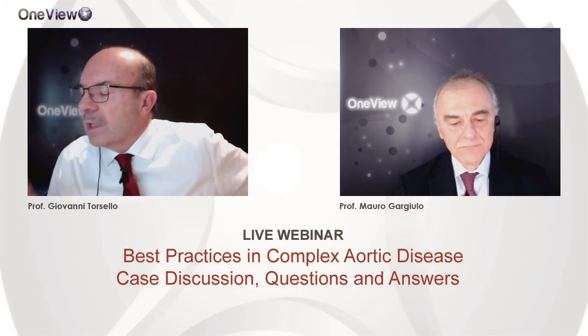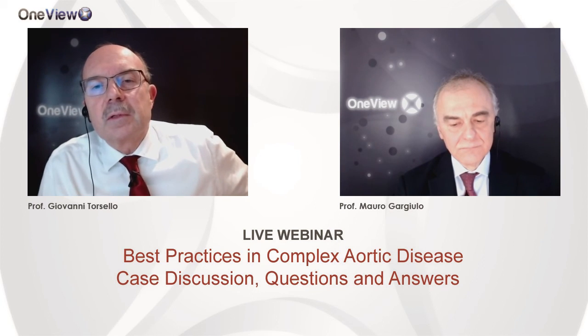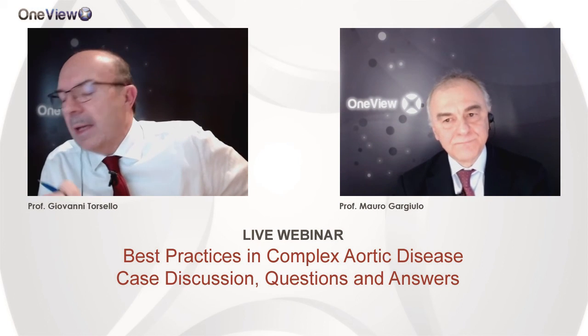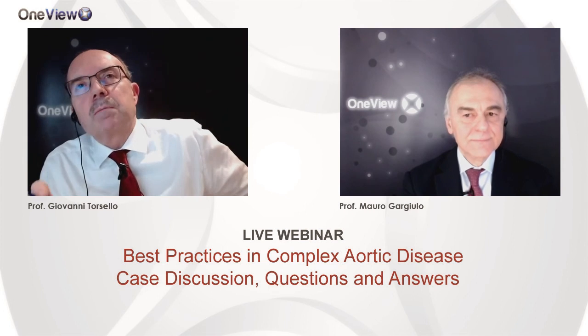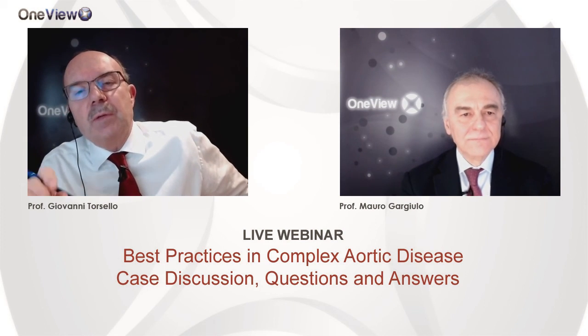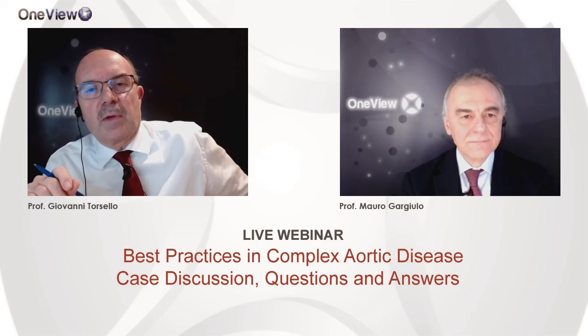How can we calculate the sealing zone length in this patient? How long should it be? And also, should we perform any oversizing of the VBX inside the target vessel?